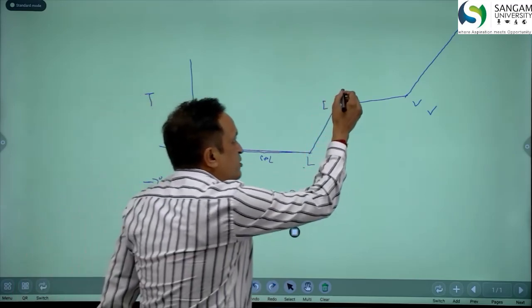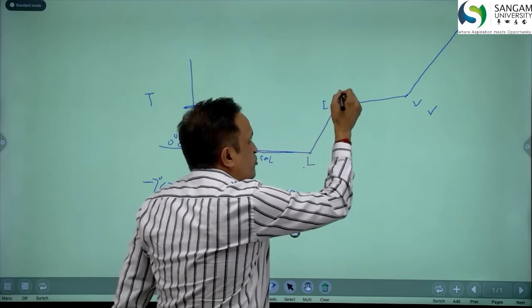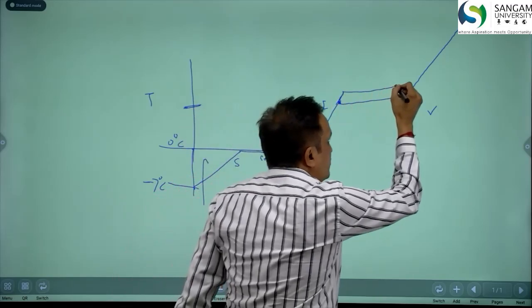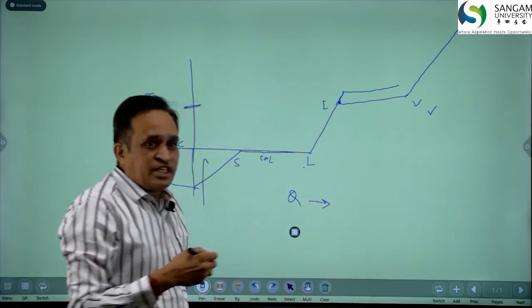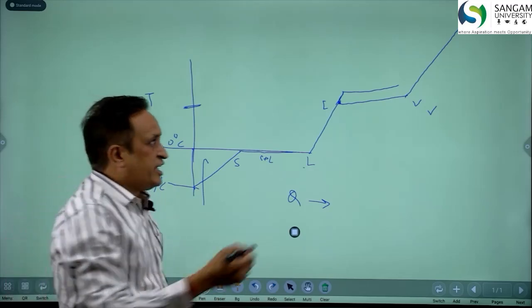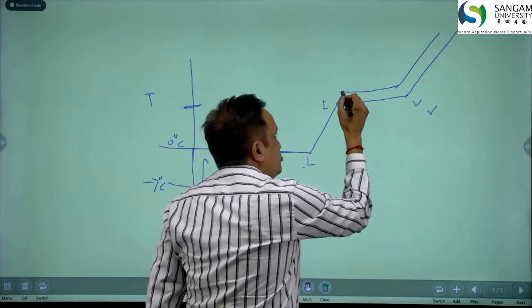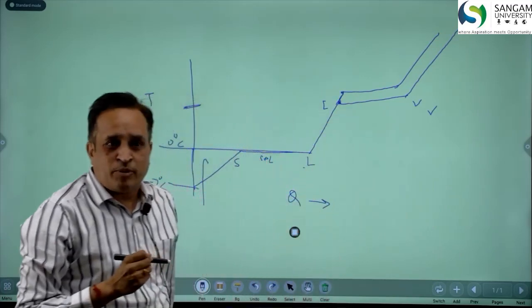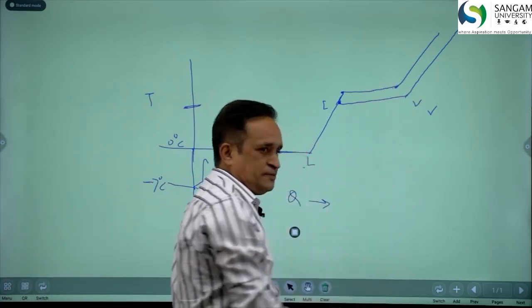So this line will be followed till this point and it will go like this. Once it has completely converted into vapors, again if you add heat to it, like this. So this is the point where the vaporization starts and this is the point where it completes.